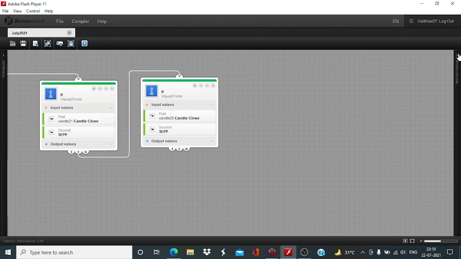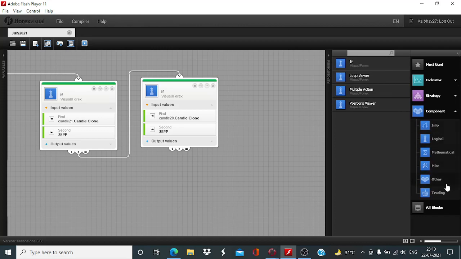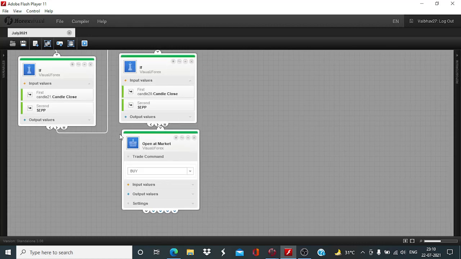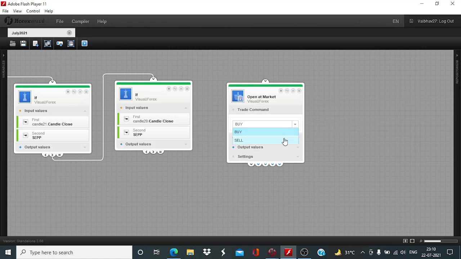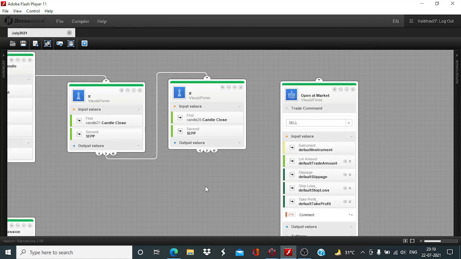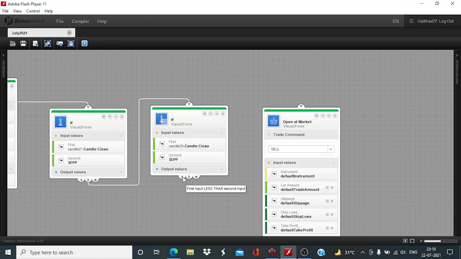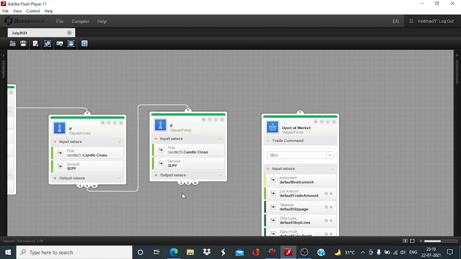Now it's time to bring in the trade command block. Open at market. Sell, first input less than second input.